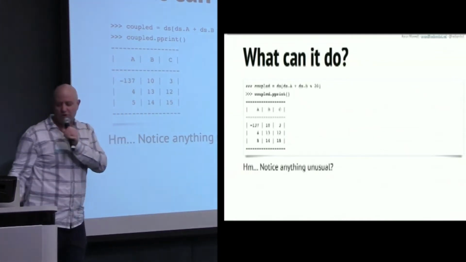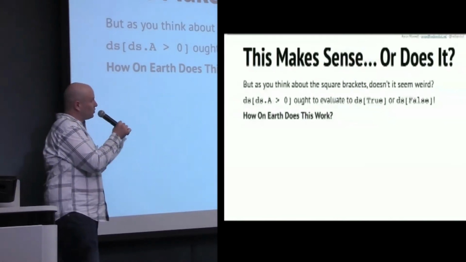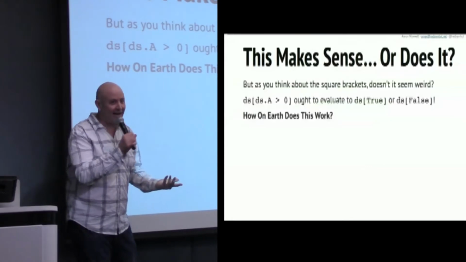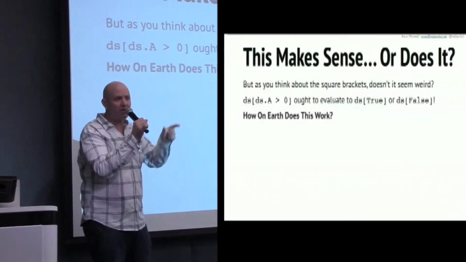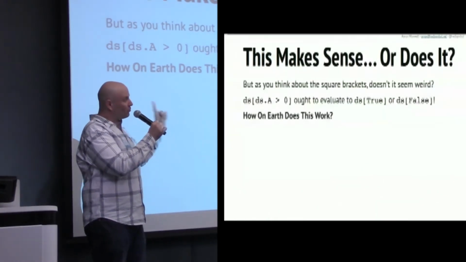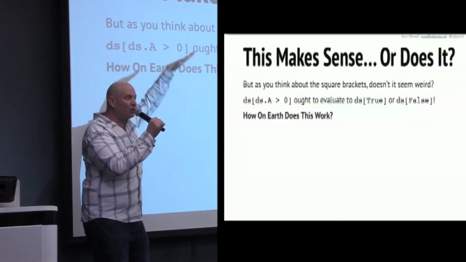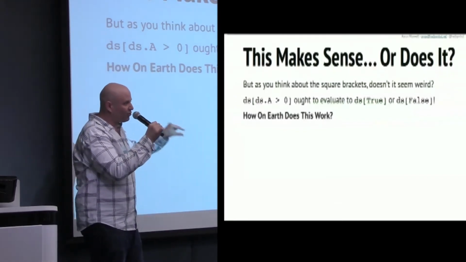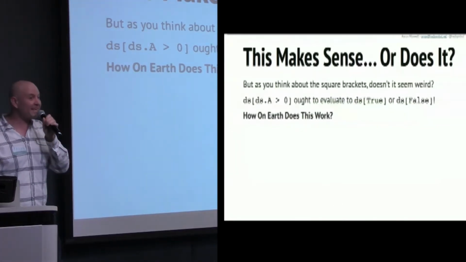Because what's in those square brackets is something that, just using the normal Python syntax, should evaluate either true or false, one of those 2 literals at runtime. And that is literally 1 bit of information. That is not enough information to filter out all the rows to get just the ones I care about. That makes sense? So what's going on? How does this even work?